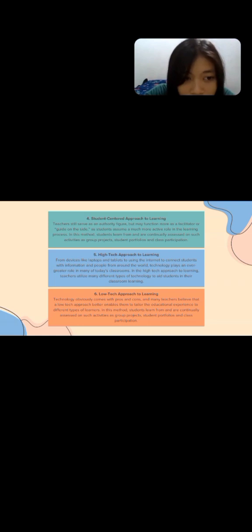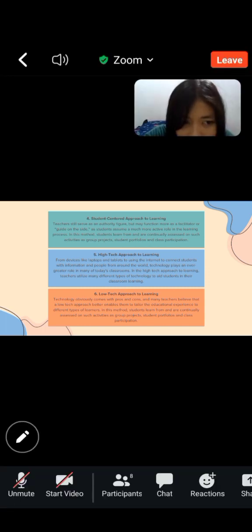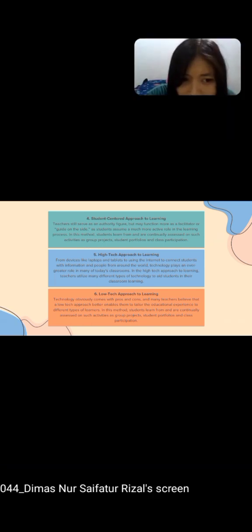From devices like laptops and tablets to using the internet to connect students with information and people from around the world, technology plays an ever greater role in many of today's classrooms. In the high-tech approach to learning, teachers utilize many different types of technologies to aid students in their classroom learning.